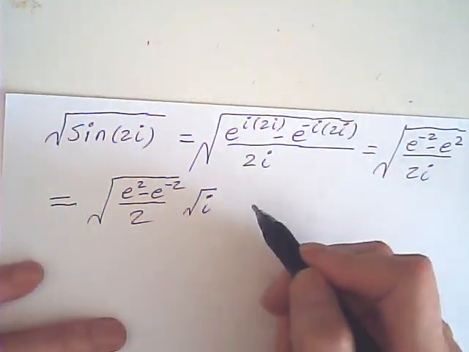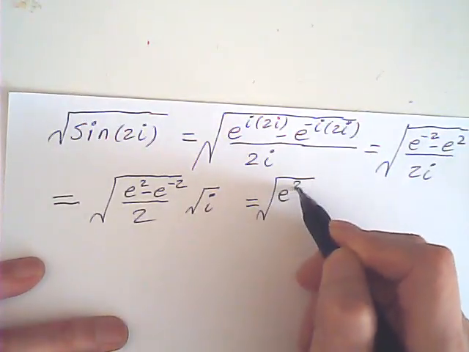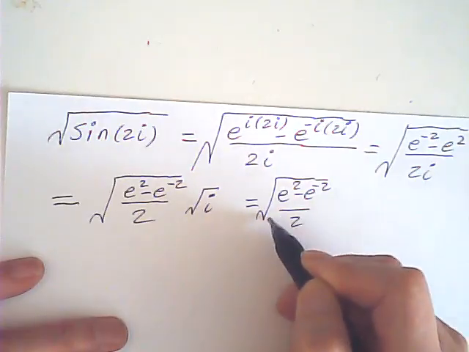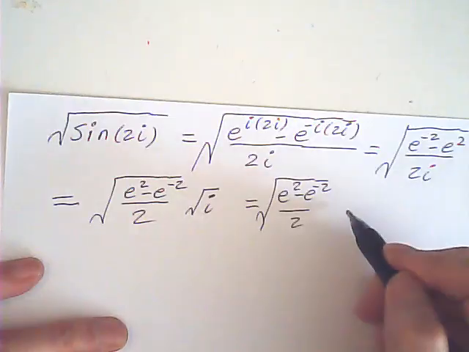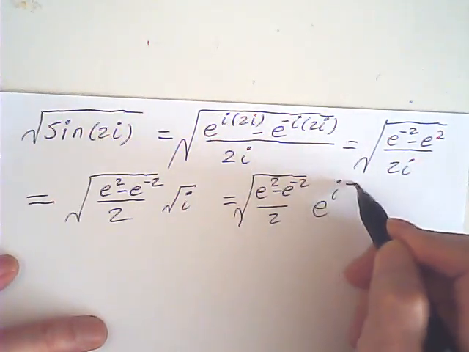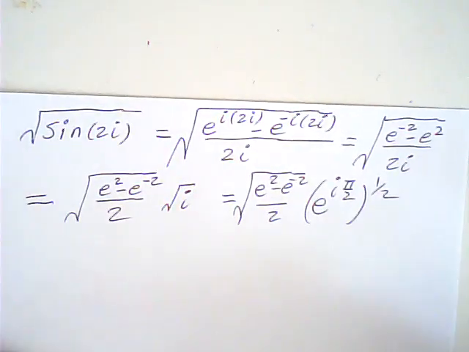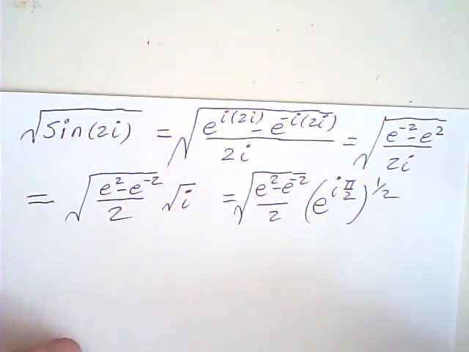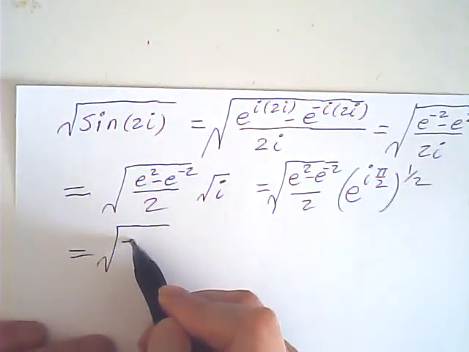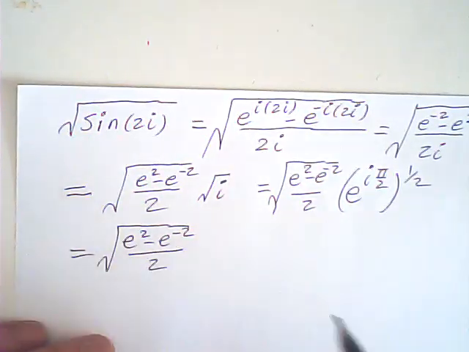Okay, so this one is equal to square root e squared minus e to the negative 2 over 2 times i square root. i is e to the i half pi, square root. So this one equals square root e squared minus e to the negative 2 over 2.